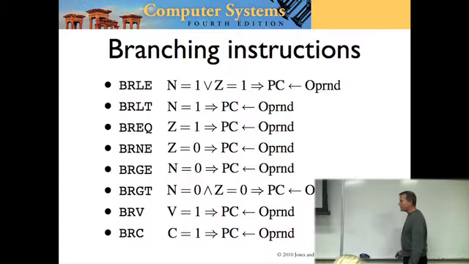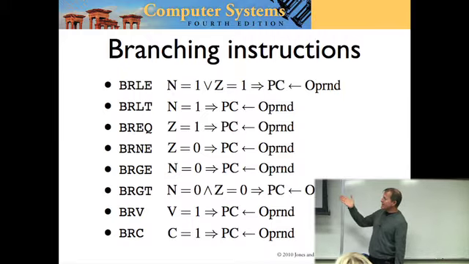Okay, so now, here we said that we have 6 conditional branch instructions that deal with less than or equal to, less than, equal to, not equal to, greater than or equal to, and greater than, and then 2 additional instructions that deal with branching on V and C: branch on overflow, which considers the operand to be a signed value, and branch on carry, which considers the operand, or the result, to be unsigned.